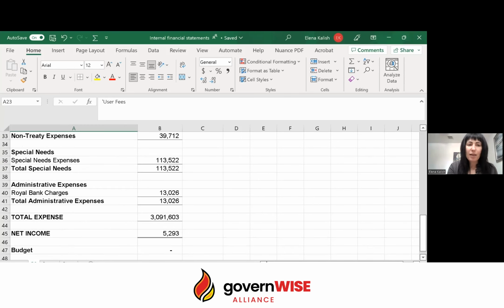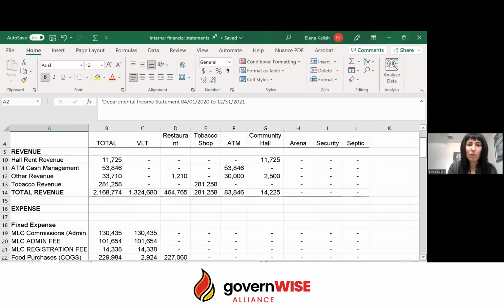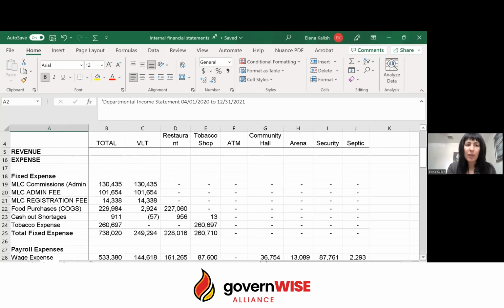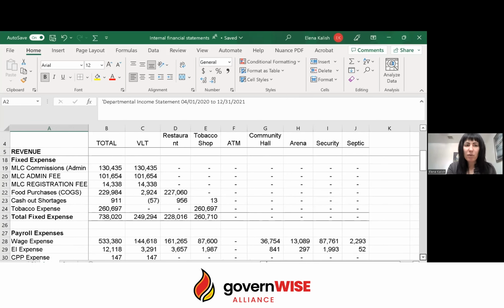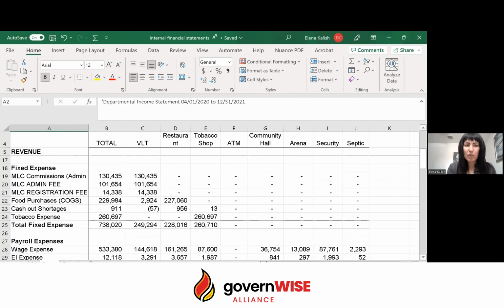Then my second example here, again, internal financial statements for a First Nation. They operate an arena complex where all the businesses are, and it includes the gaming operation, a restaurant, a smoke shop, community hall. So you'll see here expenses again are right under revenue, and they do have some different categories that are more meaningful to those businesses.